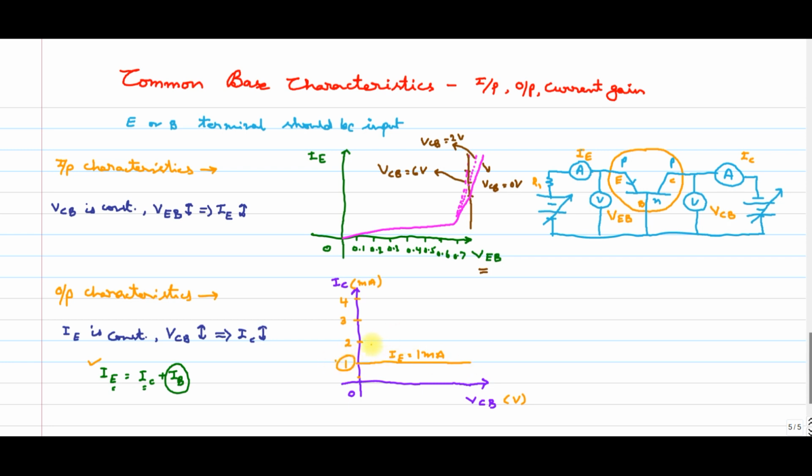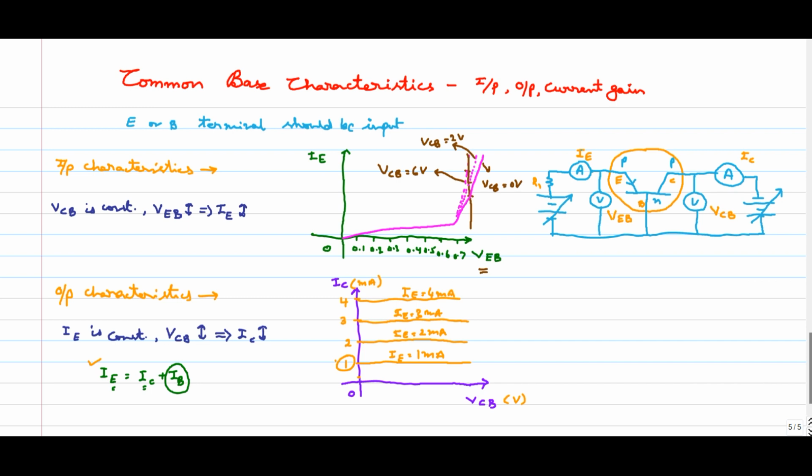If I take IE equal to 2 milliampere, IC is 2 milliampere, and if I take IE equal to 3 milliampere, it is like this. And if I take IE equal to 4 milliampere, IC is also 4 milliampere. So these are the output characteristics of the transistor in common base configuration.